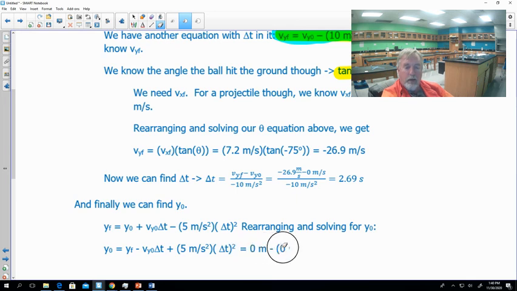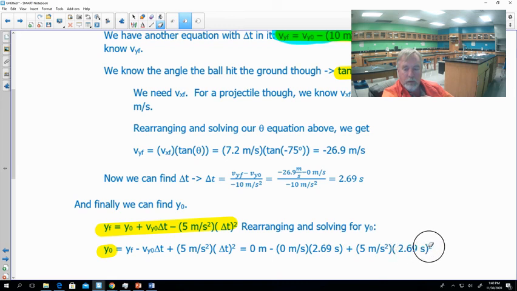All we did was rearrange this equation here, solved it for Y0, because that's what we're looking for. Plug in our values, because we know Yf is 0. We know Vy0 is 0. We know our acceleration of 5 meters per second squared, and we know our delta t, 2.69 seconds. So we're going to square that, put it in. And what does that give us? That gives us an answer of 36.18 meters.